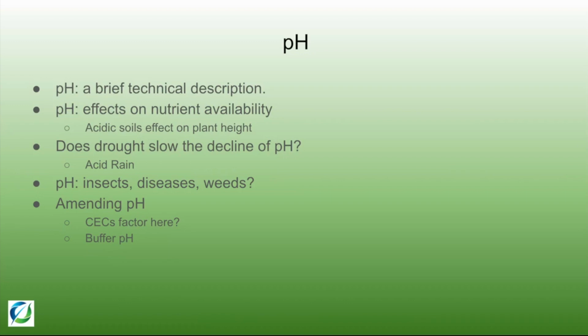And so now this is video 2. We're going to dive into base saturation and what that is and how that relates to the pH of the soil and soil structure, etc., etc. Let's dive right in.